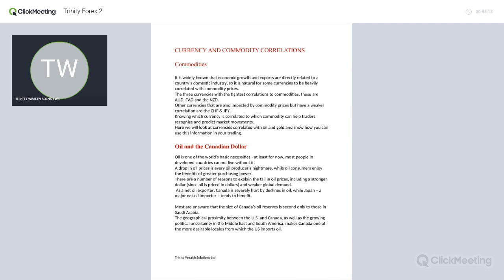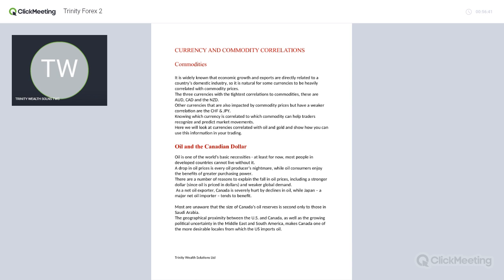Actually, we've already seen all that. We just go through it roughly, because we've already discussed it under the economic indicators of each particular country. But other currencies that are also impacted by commodity prices but have a weaker correlation are the CHF and JPY, all right?